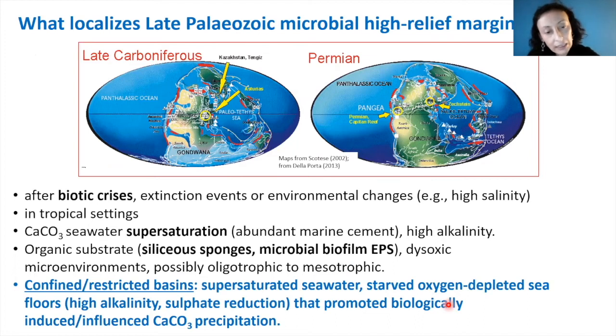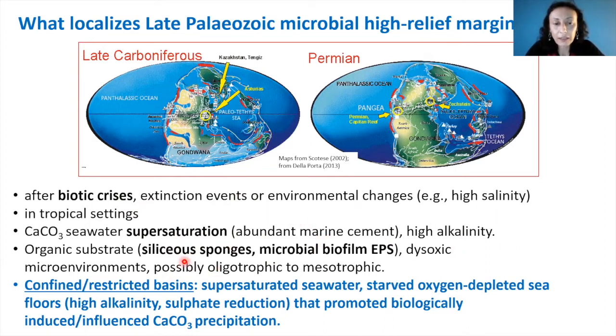One last thing is, where do we find in the geological record these platforms? It seems that there is a coincidence, because they developed in confined restricted basins with a high seawater supersaturation with respect to carbonate after events of biotic crisis or due to environmental perturbation that allowed microbial mats to develop, and there was less substrate competition.